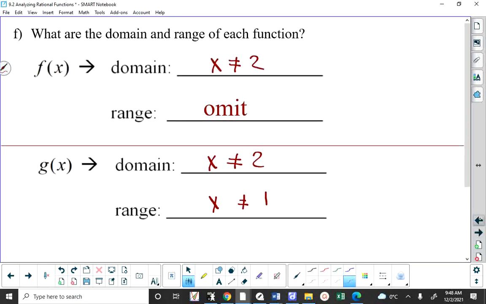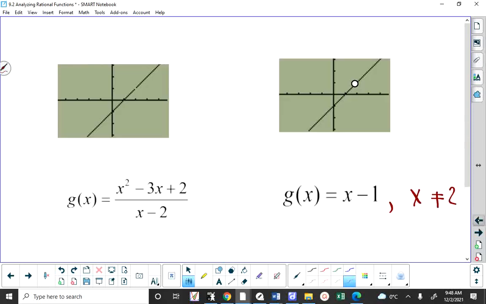Now, I want to show something to you. We determined this 1, like Jason said it was 1, by looking at the graph, correct? You don't need to. What you could do is look at the simplified form of g of x and put the value of x in that you're not allowed to use, and you will get the value of y that you will never get. I know that seems weird.